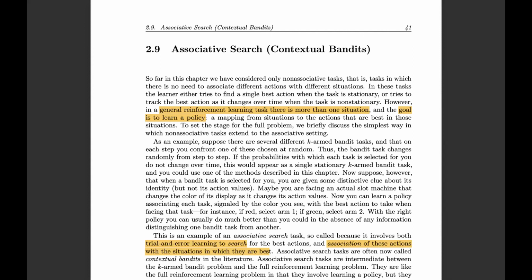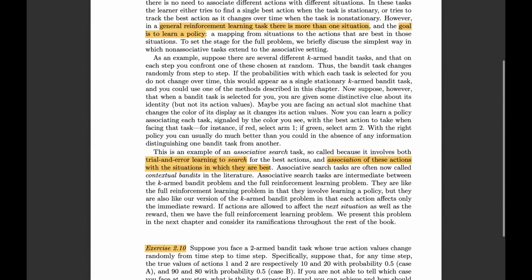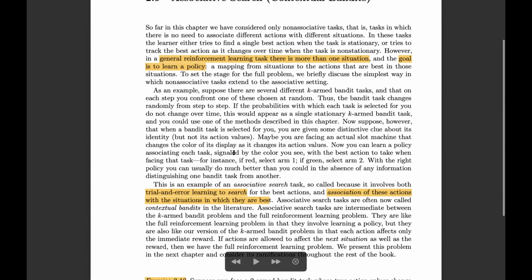So here in associative search, one simple example the author has given is a policy where the signal is by color. What he's trying to say is that now we have selections where we have an arm, and if it's red we select arm 1, and if green we select arm 2.